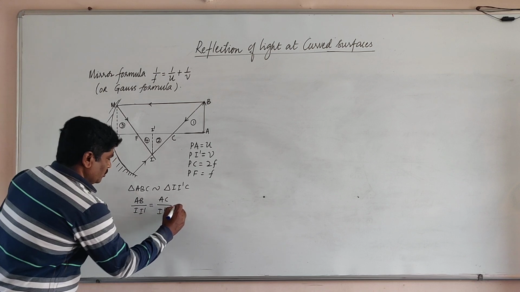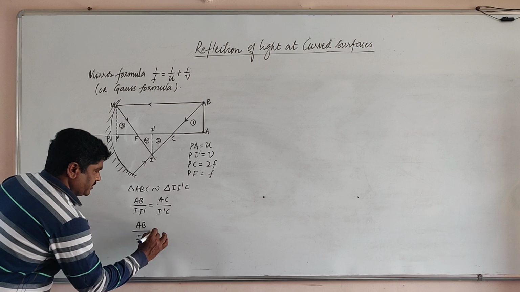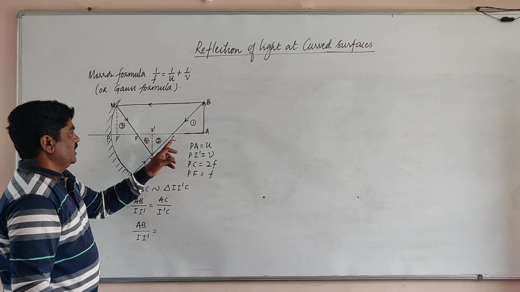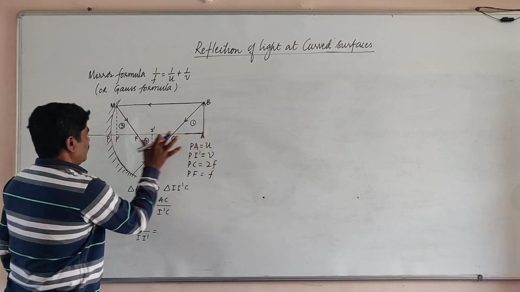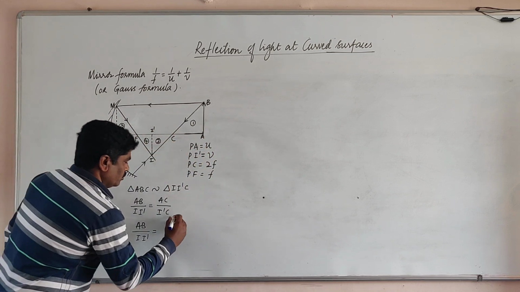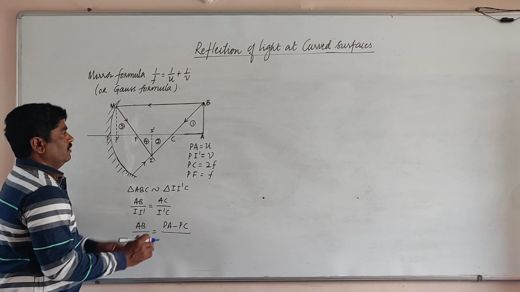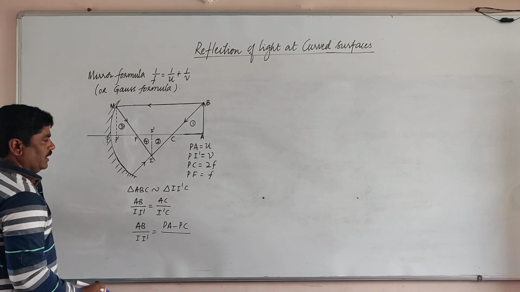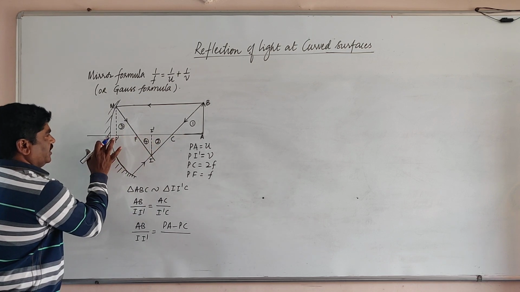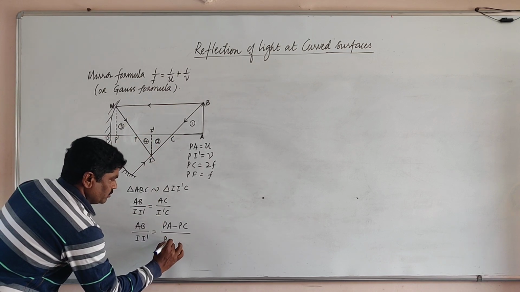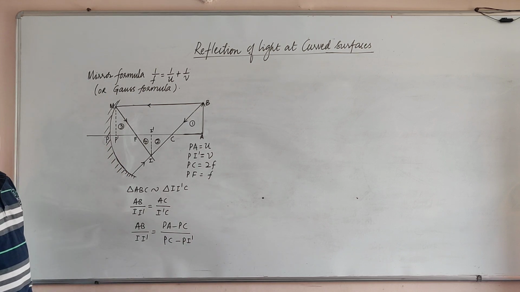Now in this way, AB by I dash is equal to AC, which we can write as PA minus PC, giving this CA. Next, I dash C is nothing but PC minus PI dash.